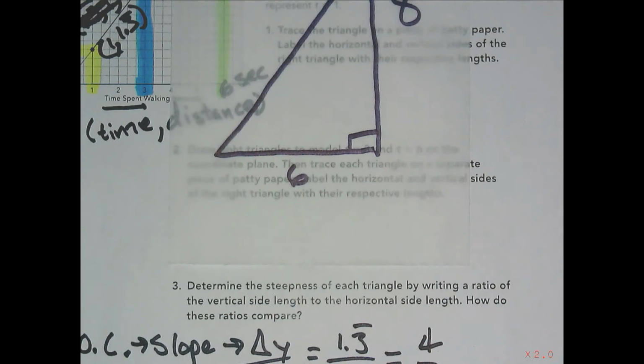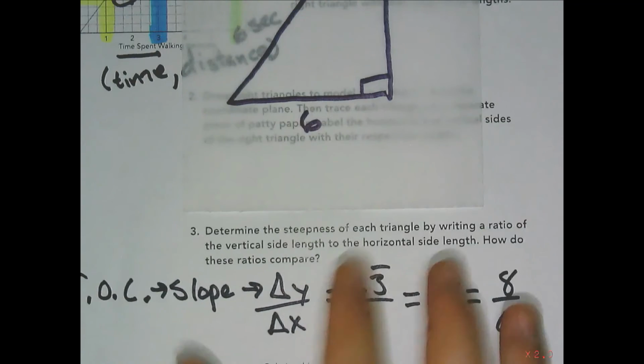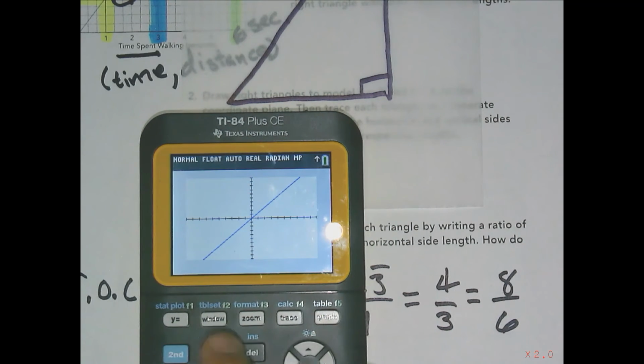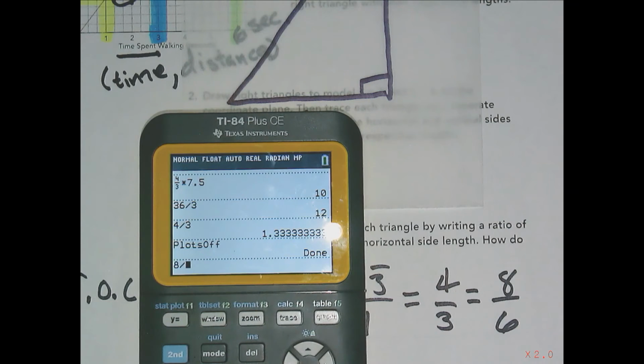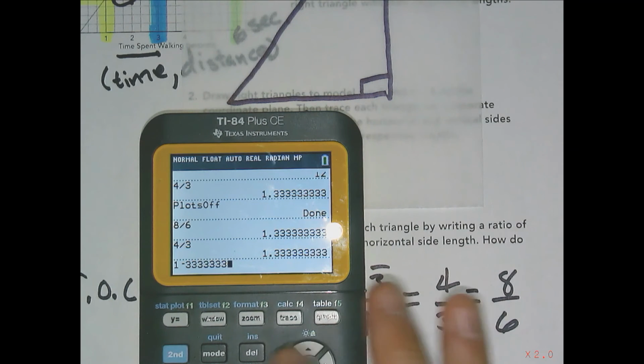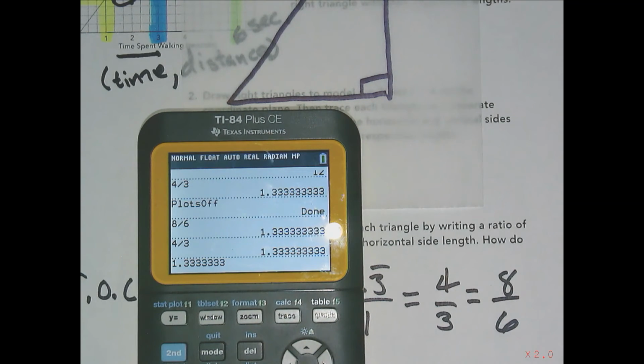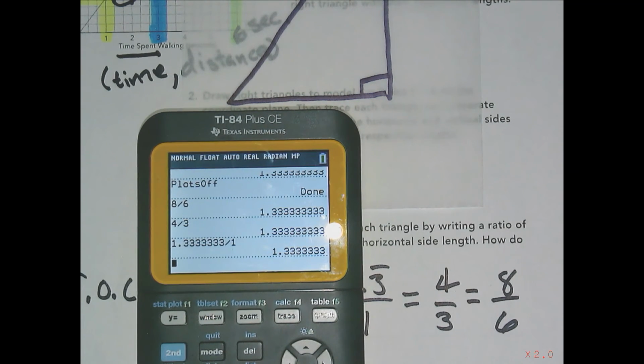Then in our next triangle, we have 8 over 6. And you'll say, well, Mr. Adams, how do we know all those are the same? Handy dandy calculator. So watch this. What is 8 divided by 6? 1.3 repeating. What is 4 divided by 3? 1.3 repeating. And then 1.33333 divided by 1, it's basically the same.